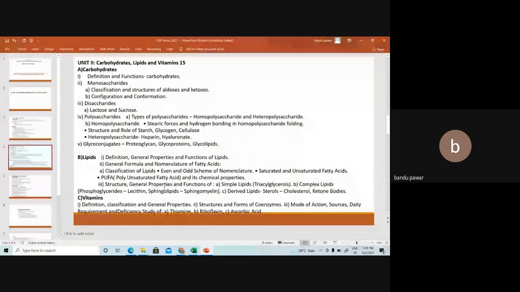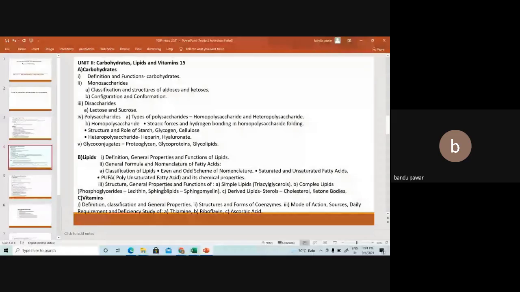Fat soluble vitamins are A, D, E and K, and water soluble vitamins are B complex and C. In the B complex there are vitamins like B1, B2, B3, B5, B6, B7, B9 and B12.